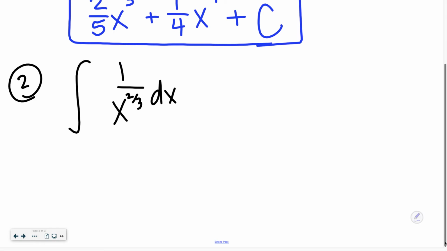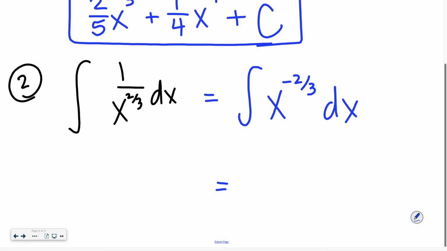Okay. Next one. Does this look like x to the n power? Just like with our power rule in derivatives, our power rule with antiderivatives needs to look like x to the n before we actually use it. So we would need to rewrite this as x to the negative 2/3.